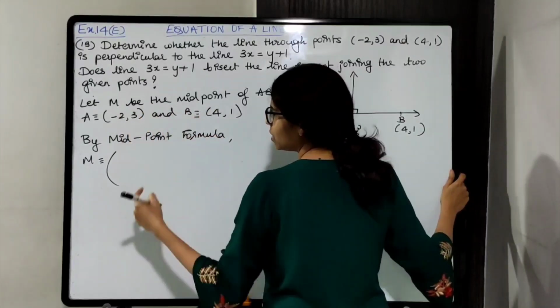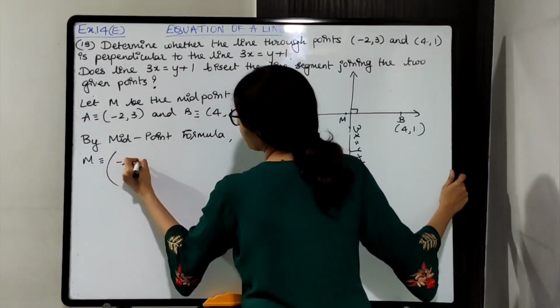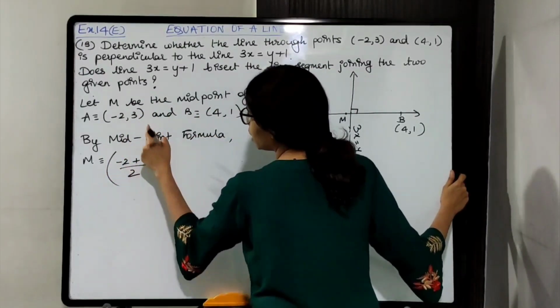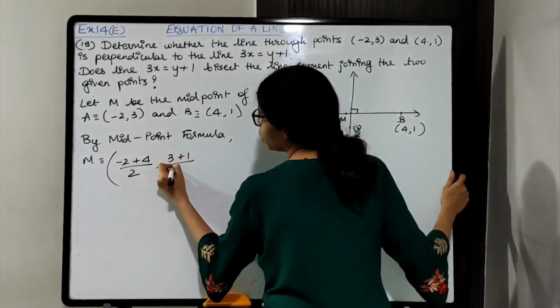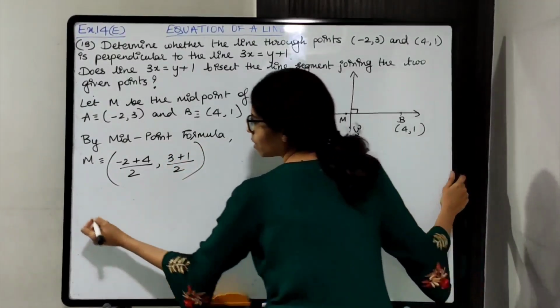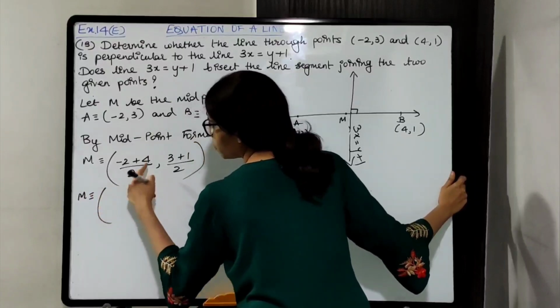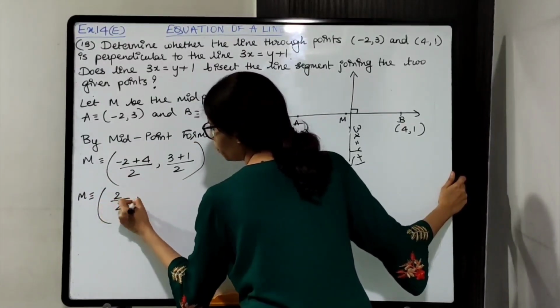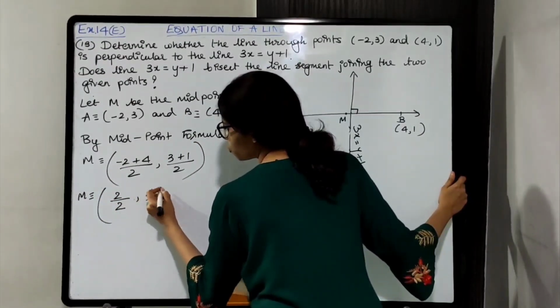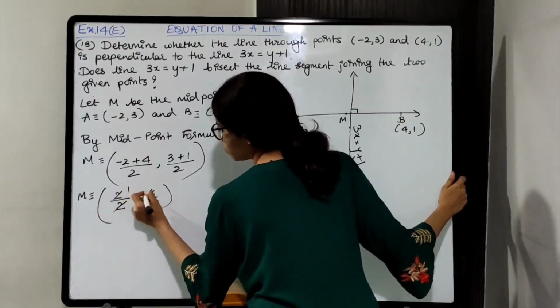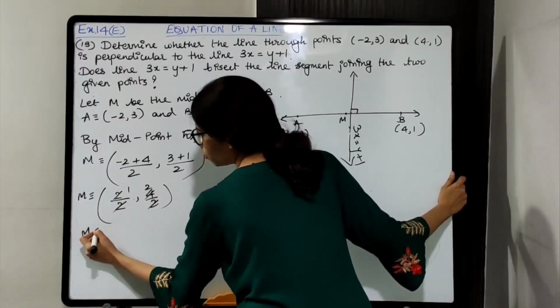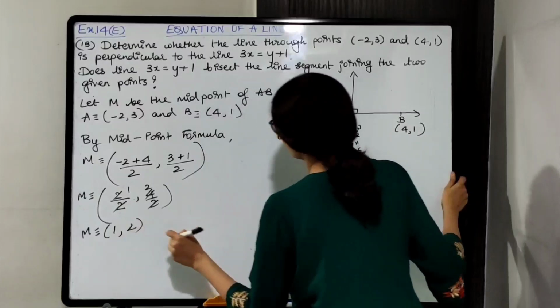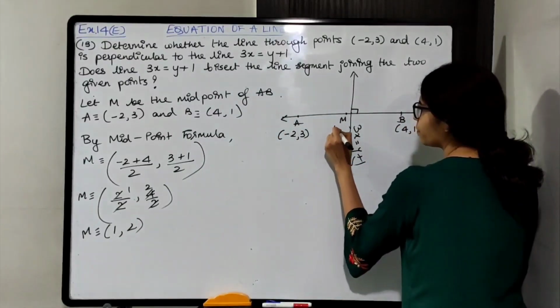Add the x coordinates, divide by 2. Add y coordinates, divide by 2. So 4 minus 2, 2 upon 2. यहाँ पे 4 upon 2. 2 1s are, 2 2s are. So M मिल रहा है 1, 2. Okay.